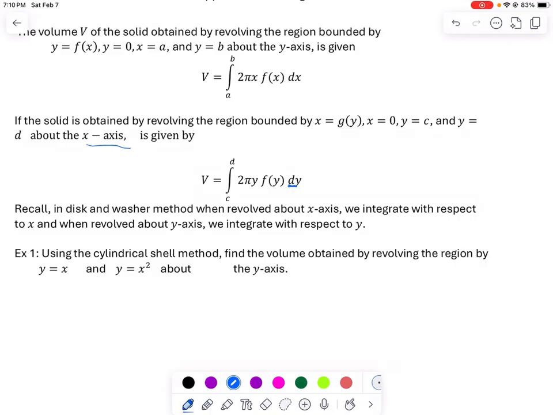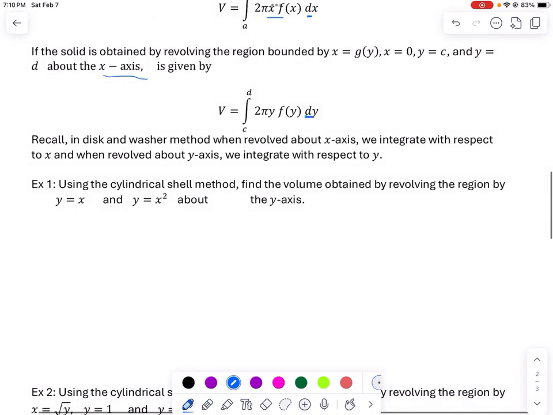But if you revolve the region about the y-axis, then the integral will be in terms of x, and we will be integrating with respect to x. So this is something different than what we had in the disk and washer method.